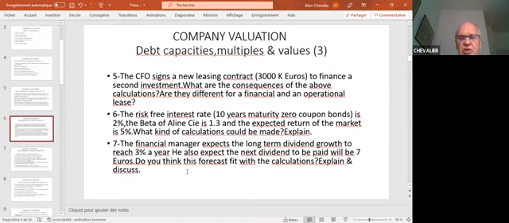And here, when the calculation is made, the financial manager believes that for the long term, the dividend growth will be something like 3% a year. He also expects, and this is much easier for him to find something quite correct, that the next dividend to be paid, short-term horizon, will be €7.